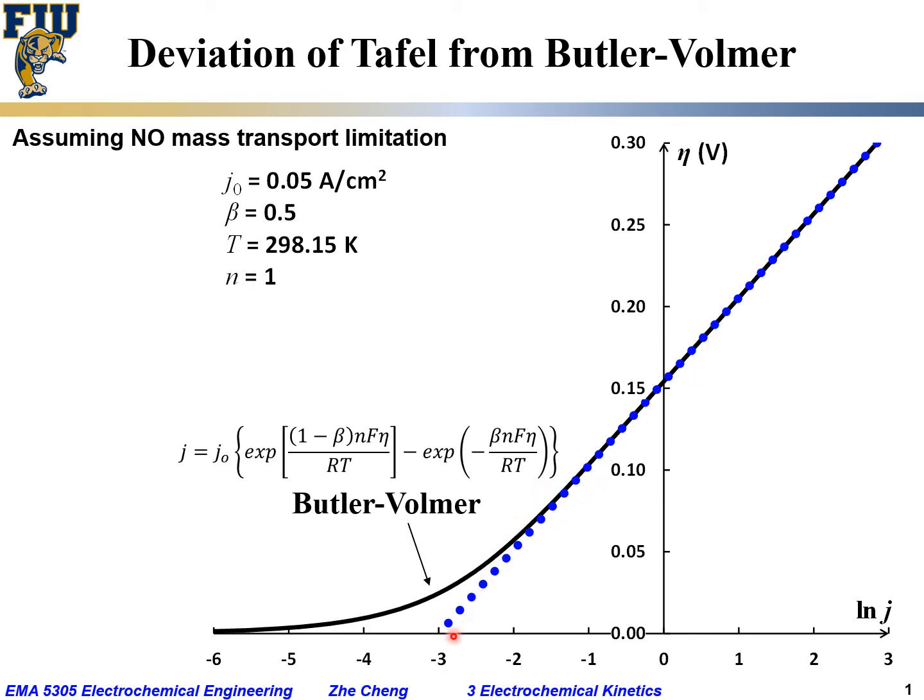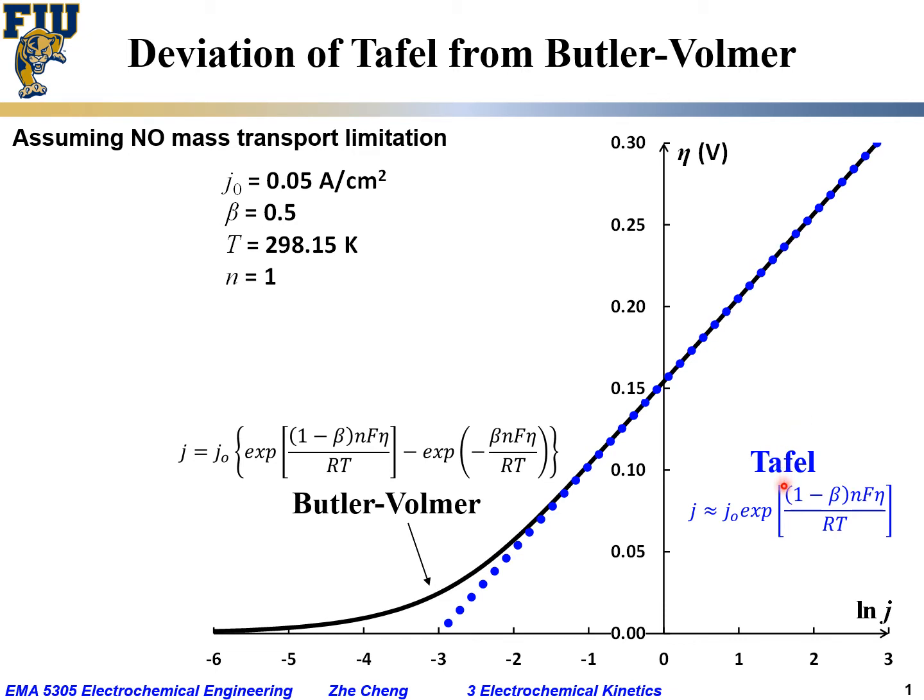On the other hand, this blue circle line is from the Tafel relationship. We said it's an approximation, okay?